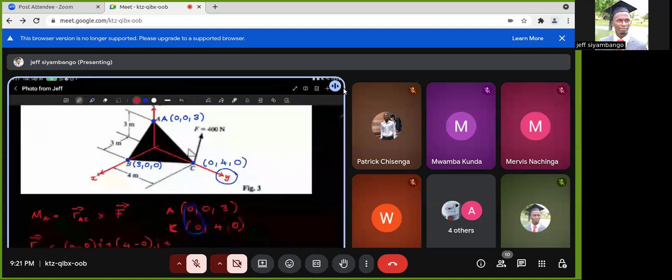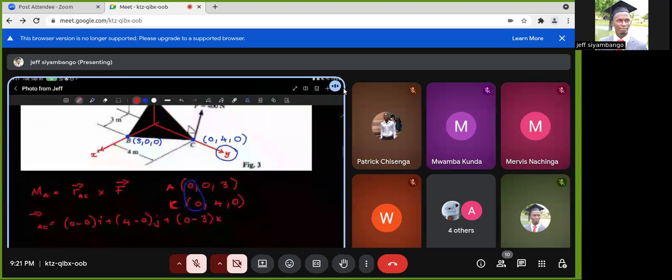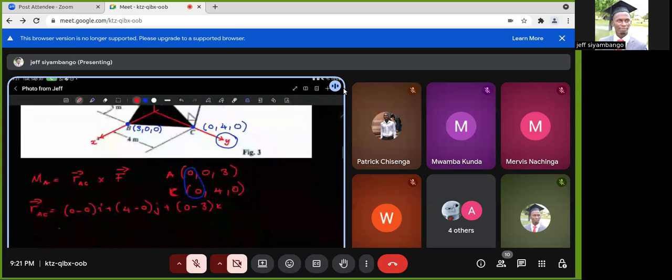At C, we have 0. At A, we have 3. So the displacement vector AC will be 0i plus 4j minus 3k. So we'll obtain the displacement vector.